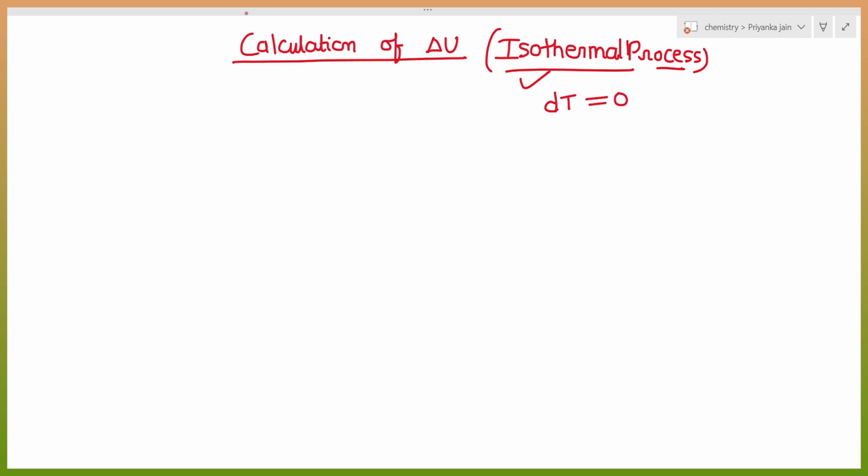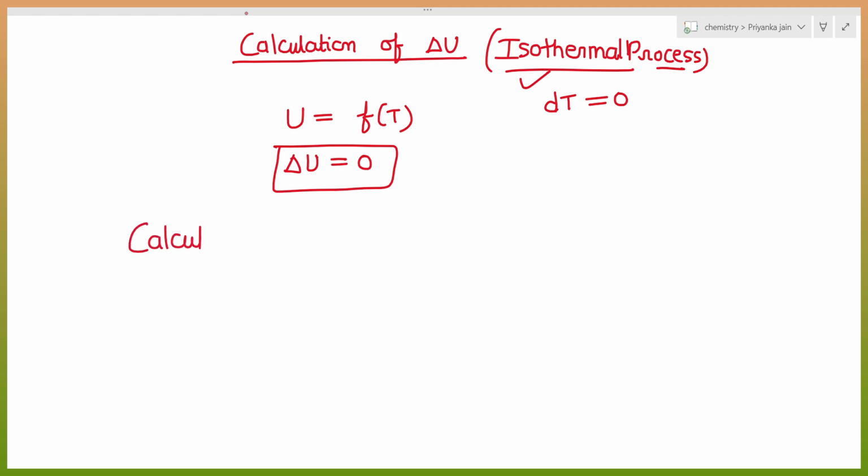It means there is no change in the temperature. And we know that U, the internal energy, is a function of temperature. And when the temperature change is 0, del U is automatically equal to 0. So whenever you are given an isothermal process, always remember that the change in internal energy will be equal to 0.